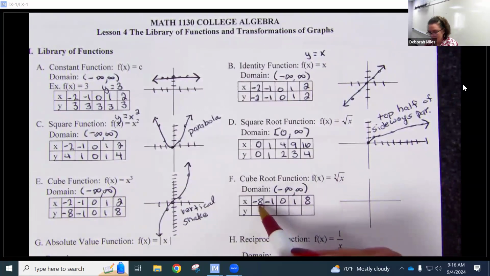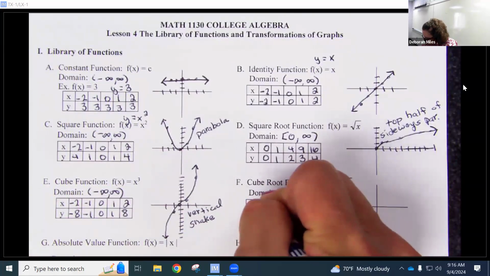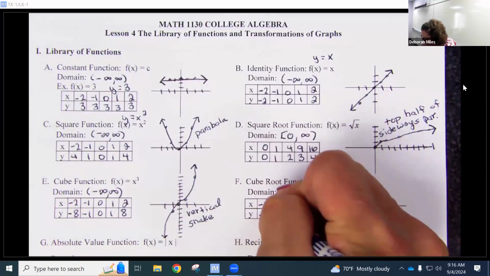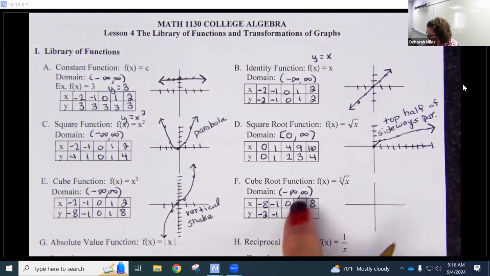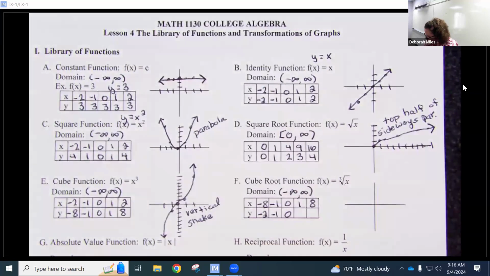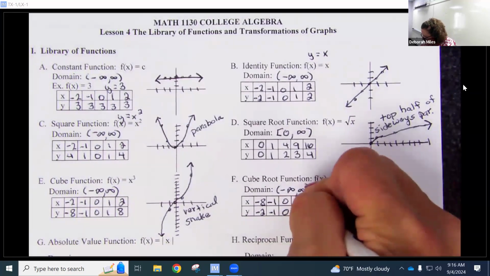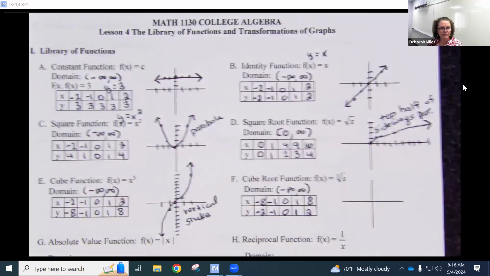Cube root of -8 is -2. Cube root of -1 is -1. Cube root of 0 is 0. Cube root of 1 is 1. And the cube root of 8 is 2.